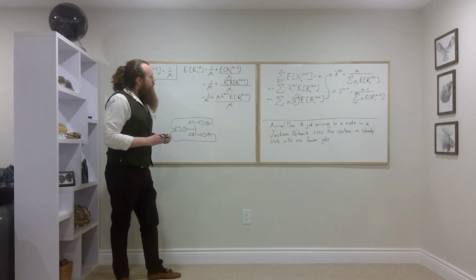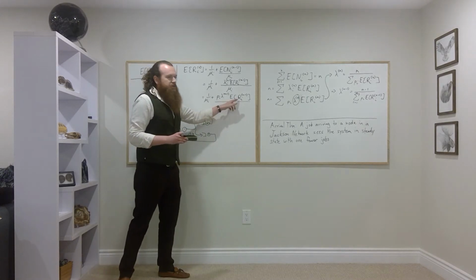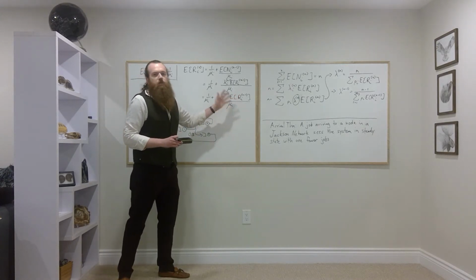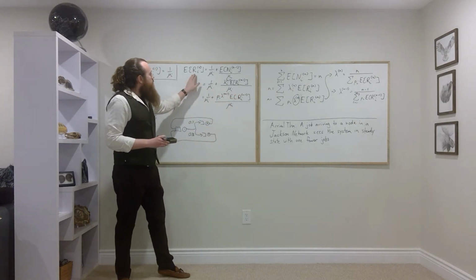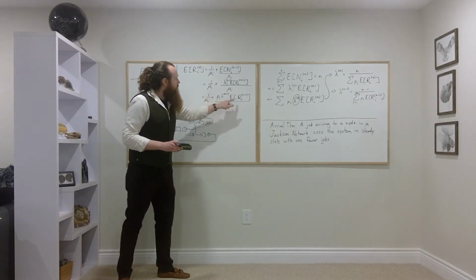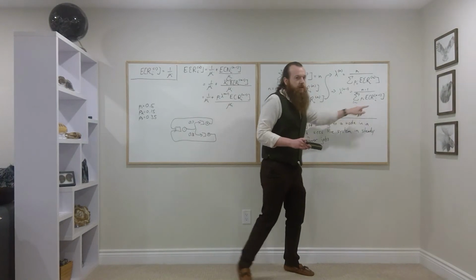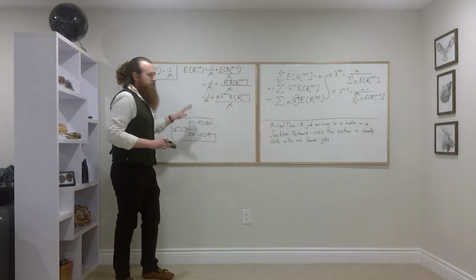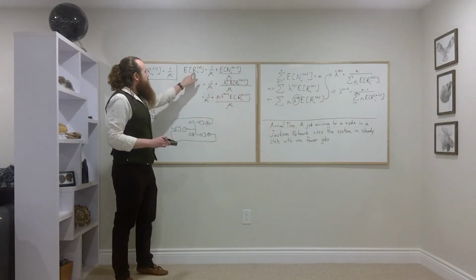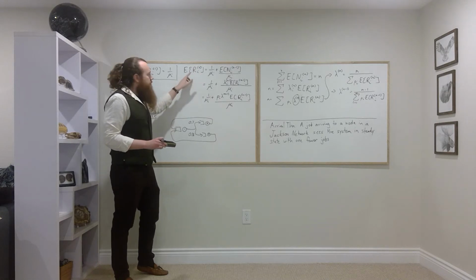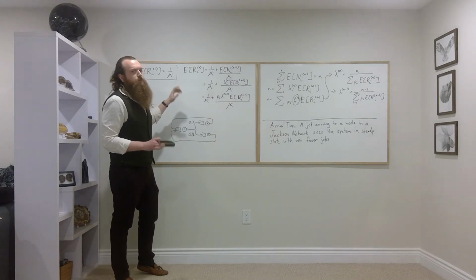So assume we know all these values. Assume we know R i, n minus 1 for all i. Well, if I know all those values, then I can solve this value using those values. Well, that means I have a total expression and a recursion for the expected response time, given that there's n jobs circulating through the system, for the ith node.